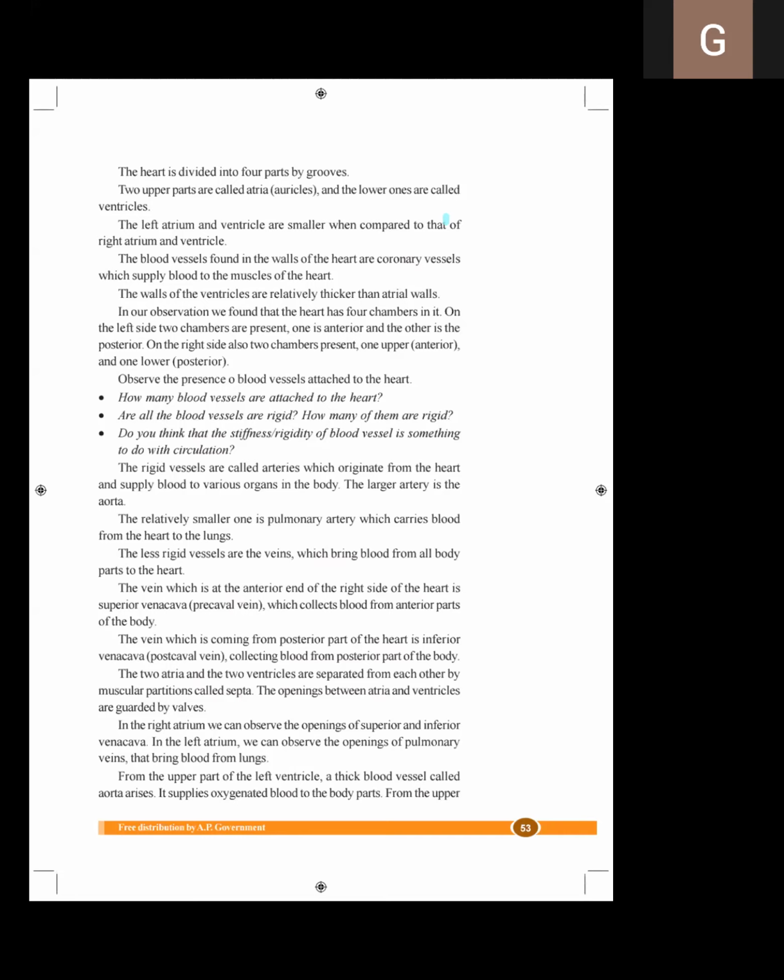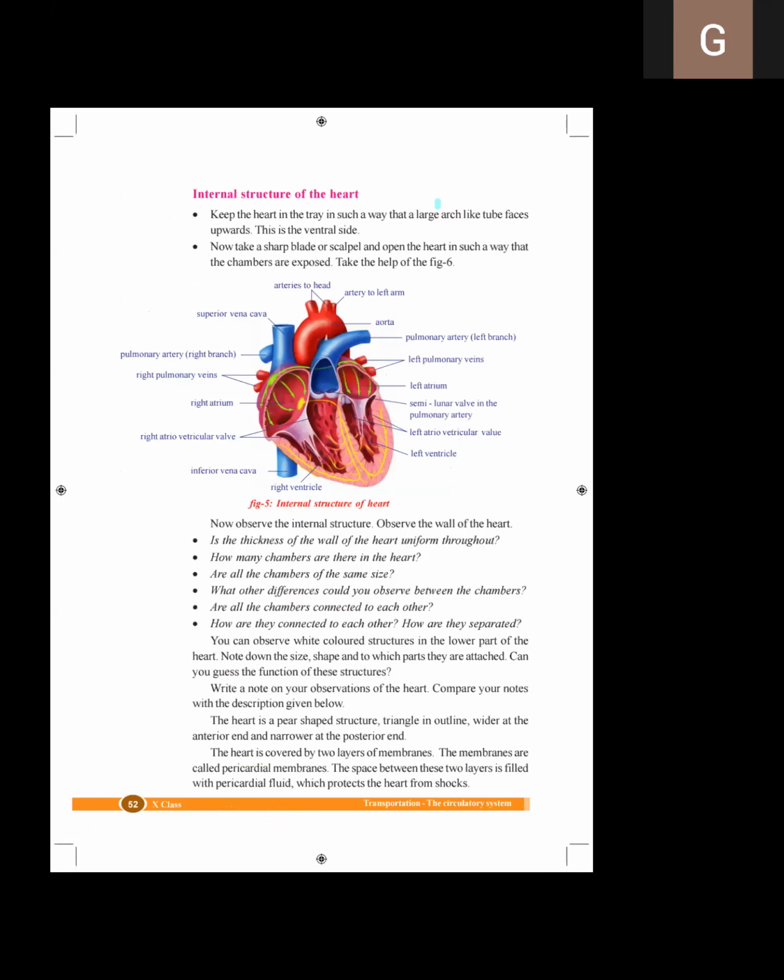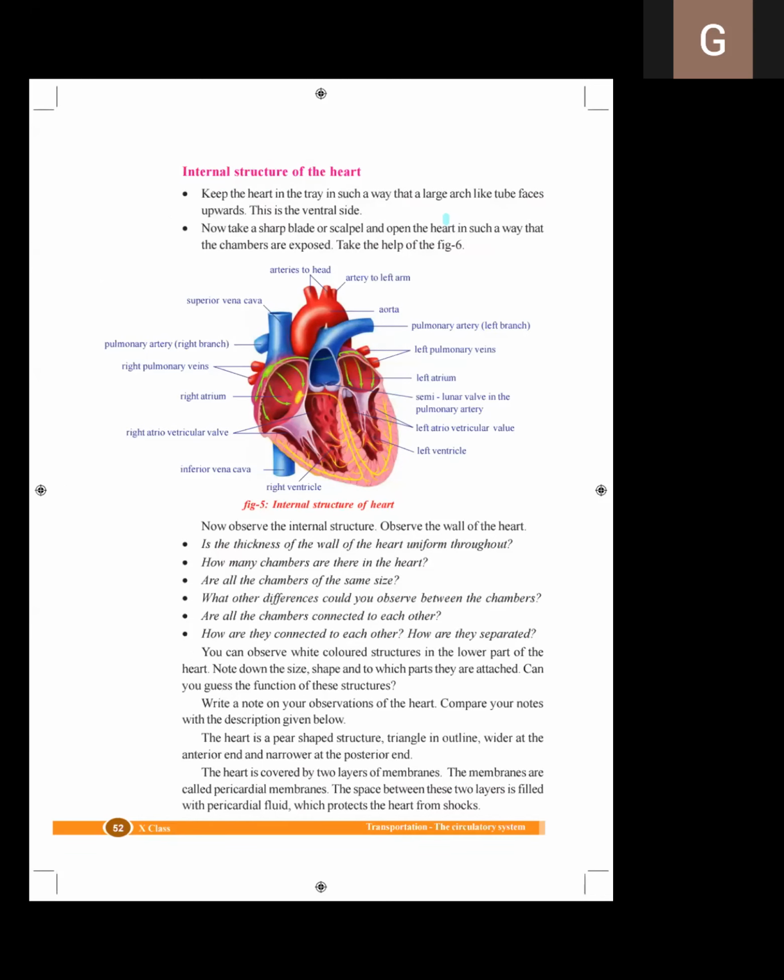Okay, next, the walls of the ventricles are thicker when compared to the arteries. Then one more point here. If you observe the entire structure of the heart, you can see that the inner space of the left atrium and left ventricle is smaller when compared to the right atrium and right ventricle, among all the four chambers.